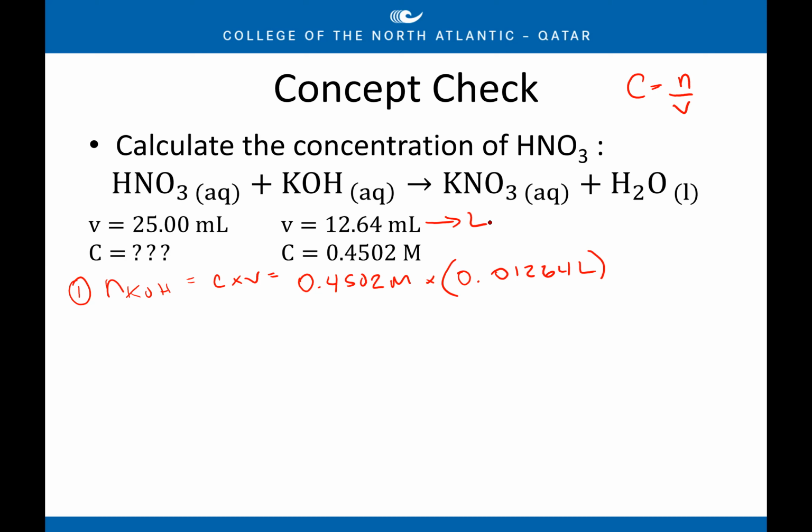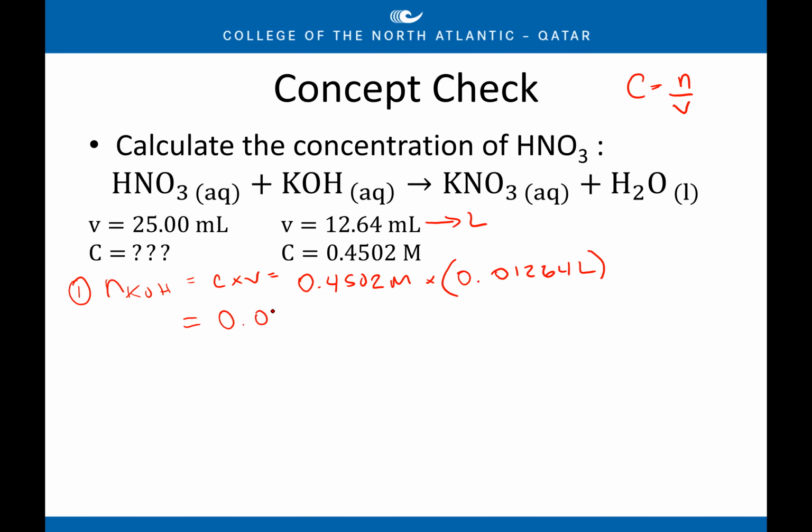Okay, so where's my calculator? Here it is. Let's see what we get. So 0.4502 times 0.01264. My calculator is giving me scientific notation, but I'll write it as a decimal.